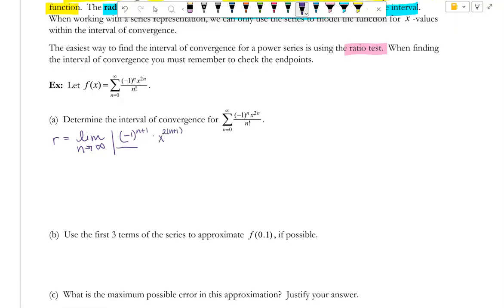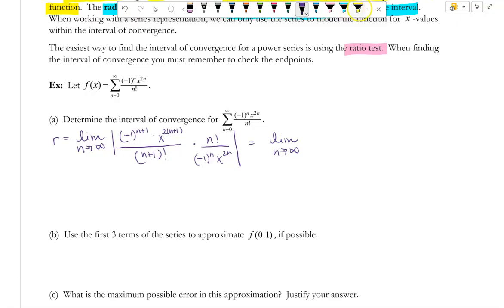Careful putting the parentheses around that, n plus 1. And to divide by my nth term, I will multiply by the reciprocal. All right, there's absolute value around this because we have negative terms in here.